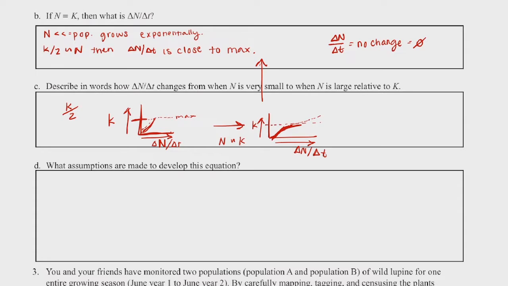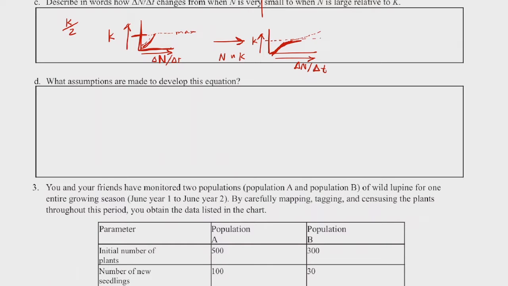And then for D, what assumptions are made to develop this equation? We're looking at logistic versus exponential, and so the logistic model assumes that space and resources are limited.